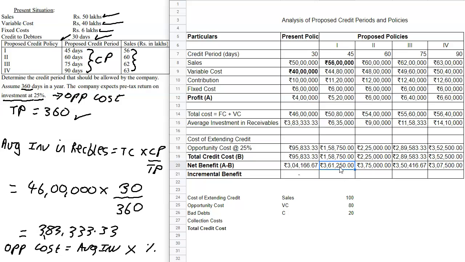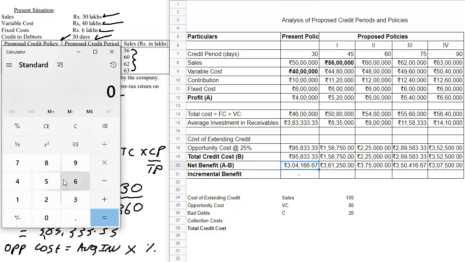The next one, it is 3,61,250. So it's going to be 3,61,250 minus 3,04,166.67, which gives us 57,083. So I'm writing down 57,083.